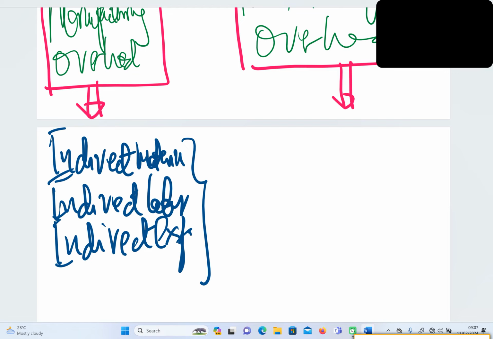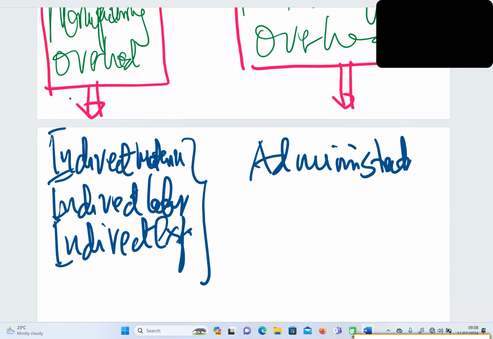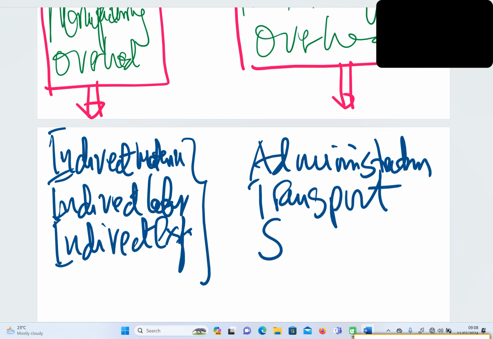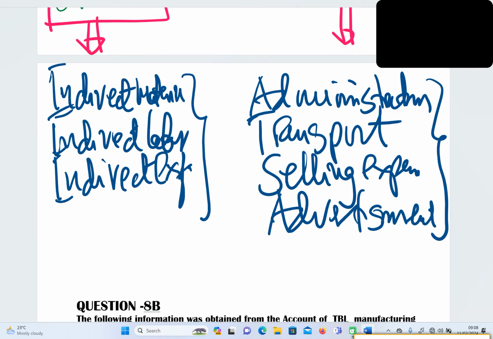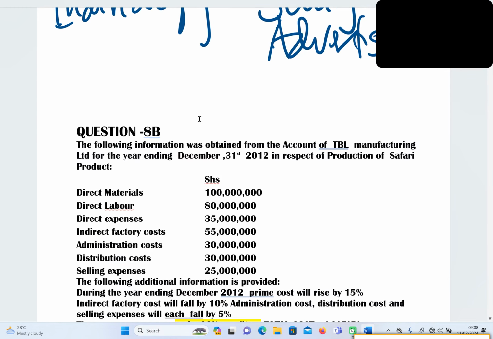When you talk about non-manufacturing, we have administration, and then we have transport, selling expense, and advertisements.